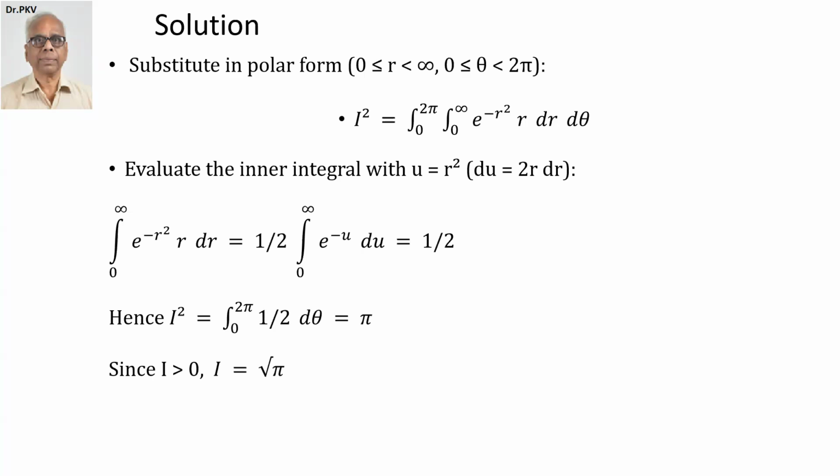The interesting part is when you look at the standard normal distribution, with the density e raised to the power minus x squared by 2 divided by root 2 pi over the domain minus infinity to plus infinity, it is easy to prove that the integral from minus infinity to plus infinity of e to the power minus x squared by 2 dx is equal to root 2 pi.